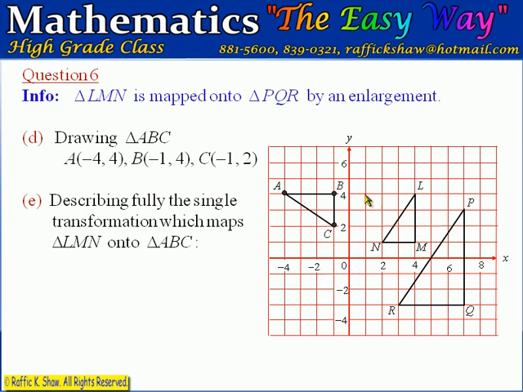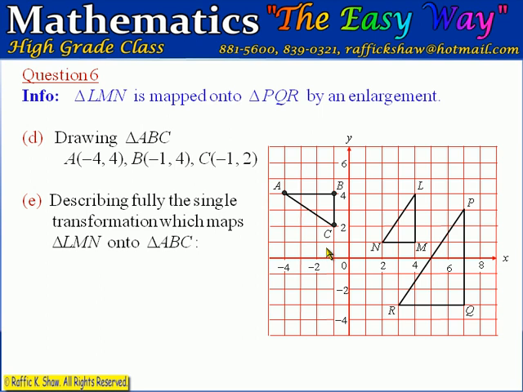Firstly, there is some turning, and there's a 90-degree turning, because this vertical line on the object LM became horizontal AB after the transformation, and this horizontal line MN on the object became a vertical line BC on the image, and so we know it's a rotation. But the question is, where is the center of that rotation?